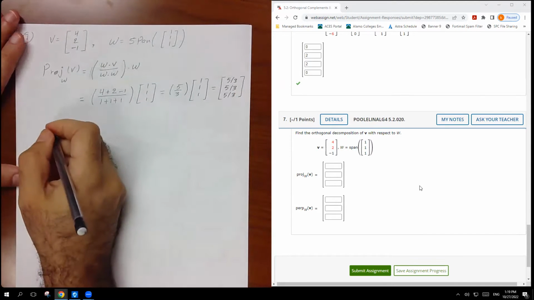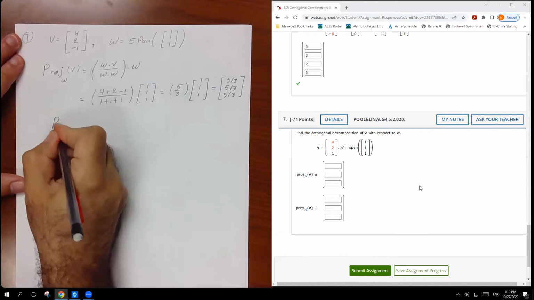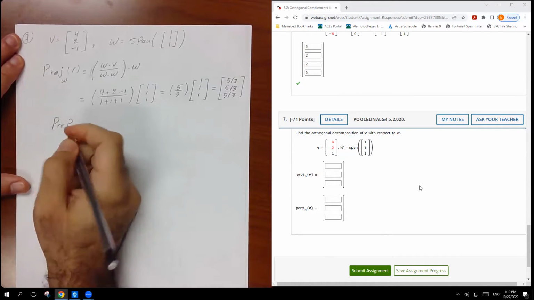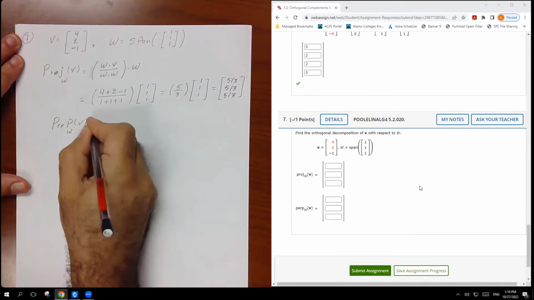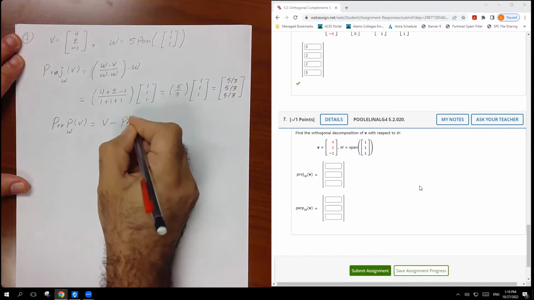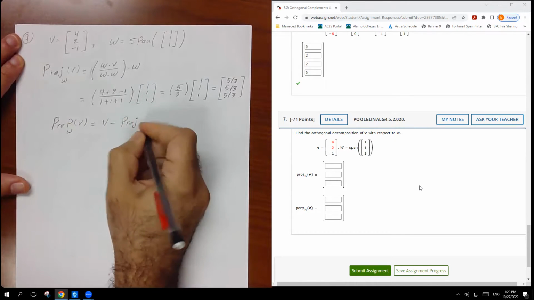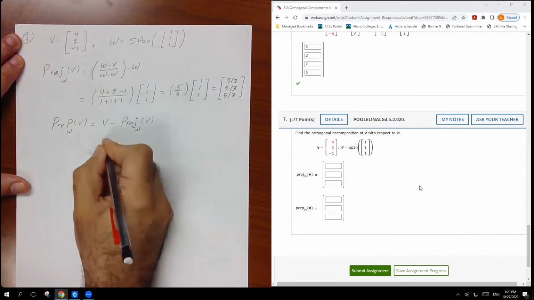Now the decomposition of V on the W is going to be V minus the projection of V on W, which is equal.